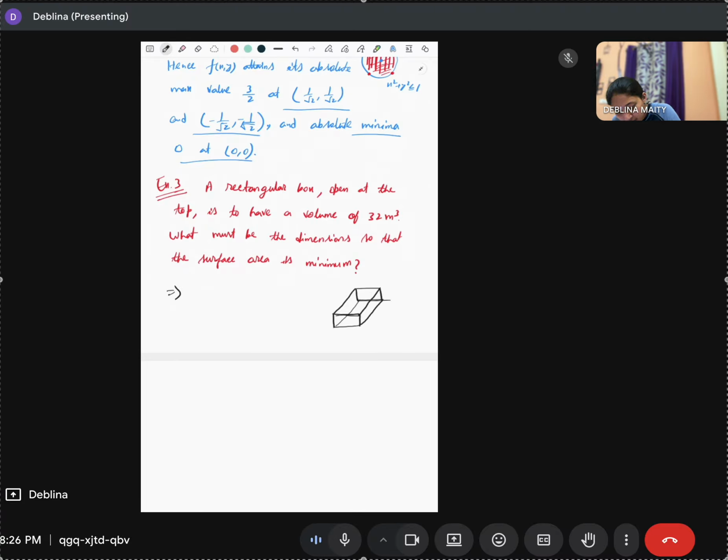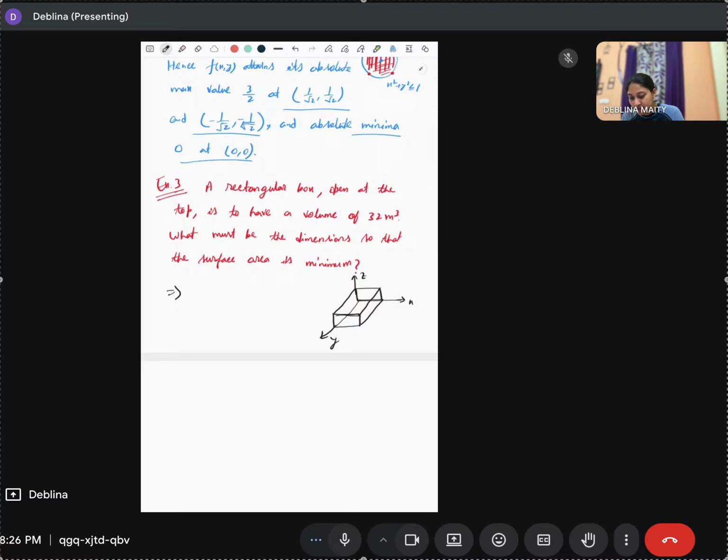This is the x direction, this is z, and this is y. The volume of this rectangular box is 32 meter cube.